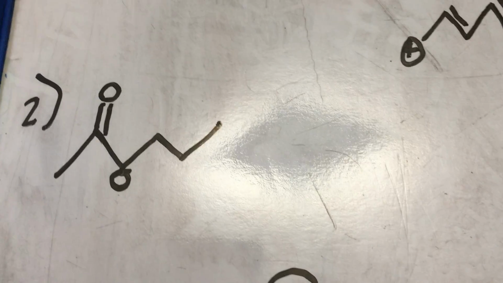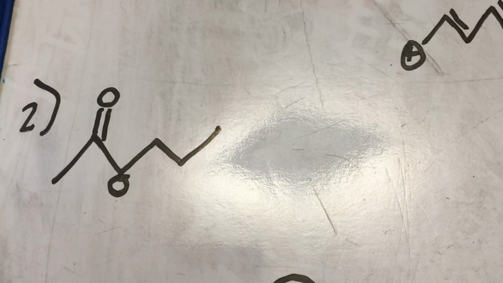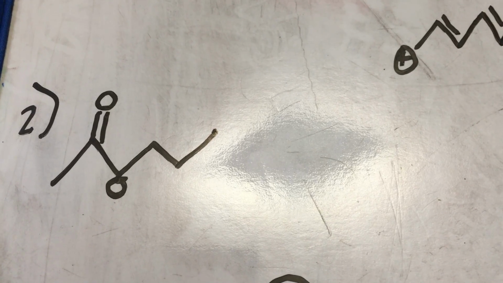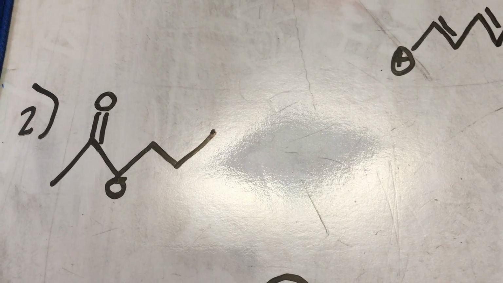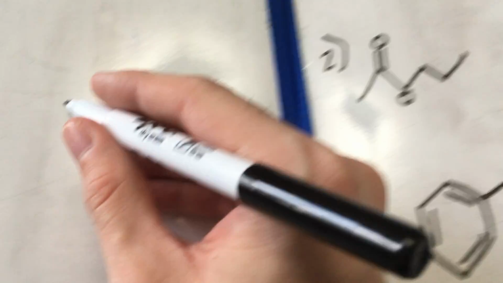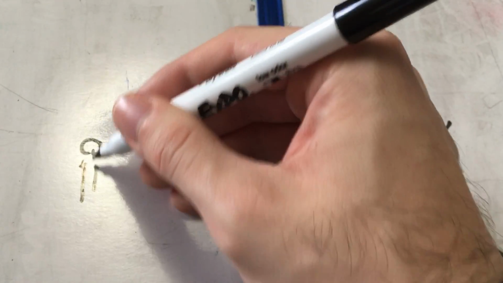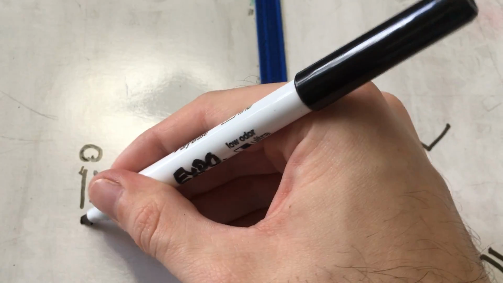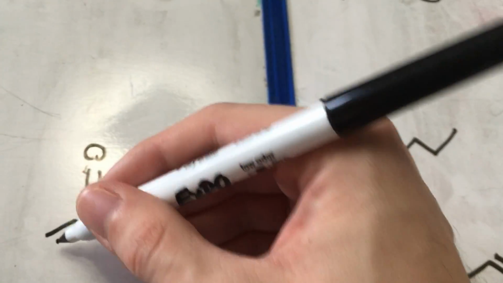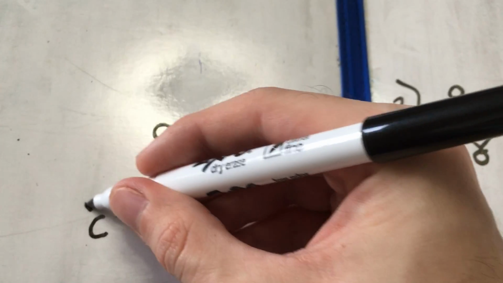For one like this, it's actually really helpful to draw out your hydrogens. So we're going to redraw this on this side, except we're going to draw out all the hydrogens and also all the electrons.